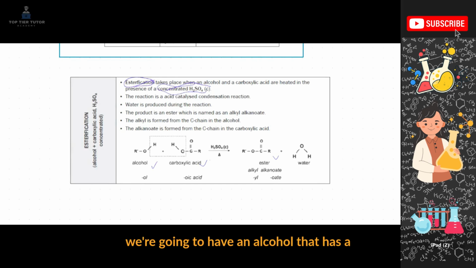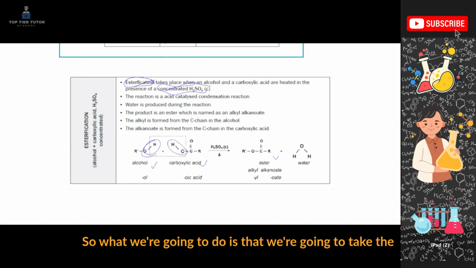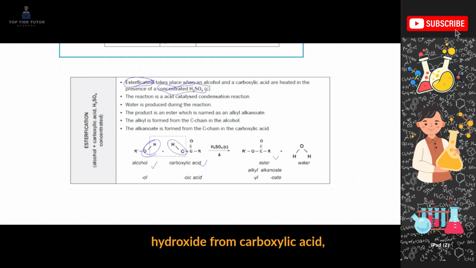So in this case, we're going to have an alcohol that has a hydroxide group, and we're going to have a carboxylic acid that has a hydroxide group. So what we're going to do is take the hydroxide from the carboxylic acid, and we're only going to take the hydrogen from the alcohol, so that we can put these two together to make water.